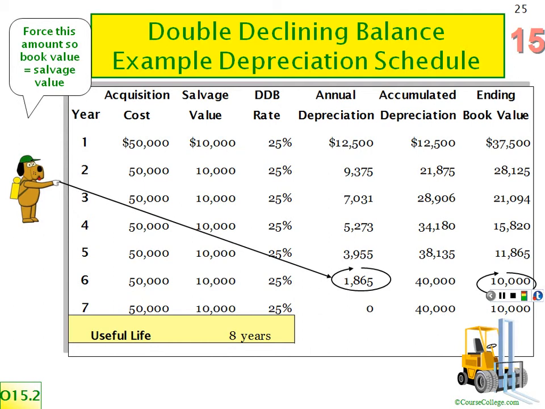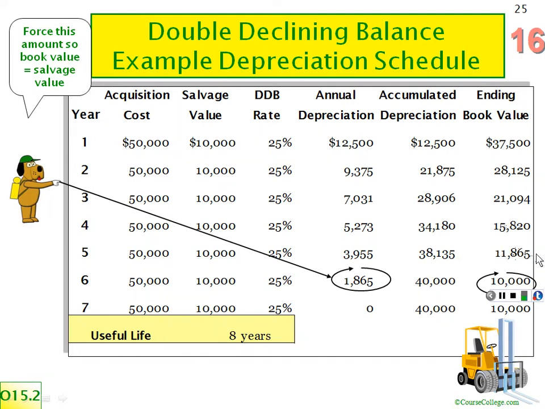Half of that is much more than $1,865. Why is it just $1,865? That doesn't fit our model. Above all of these, 25% times that number gave us this number. Down here, that's not true. Why? Well, it's because they were running up to the salvage value. Look at here.